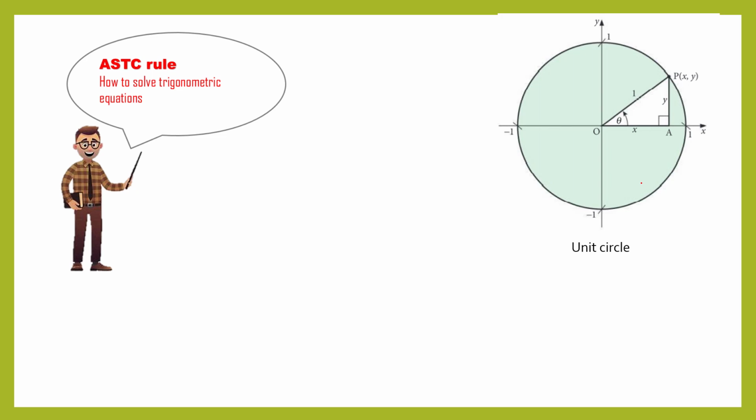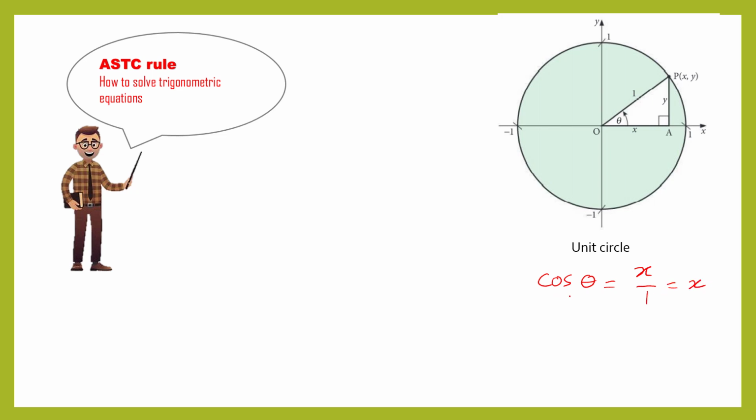We're going to see now. How can I find, using SOHCAHTOA, the cosine, sine, and tan of this angle? Let's find the cosine first. Cosine theta is adjacent over hypotenuse, so it's x over 1, so it's x.